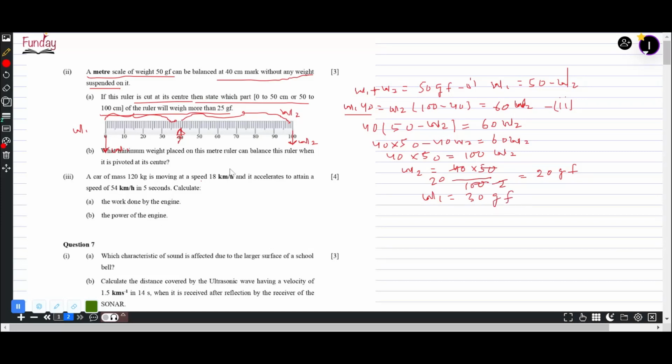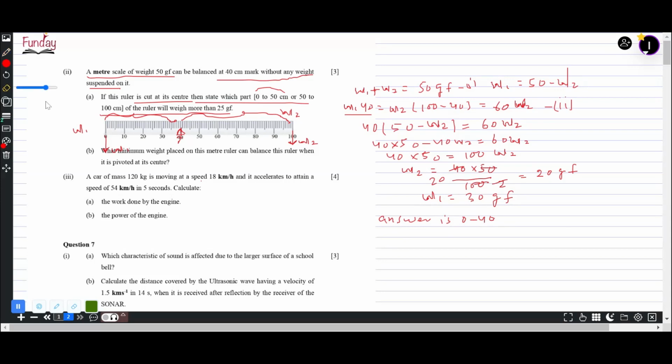Correct? Now the question was, which side is heavier? Which part, 0 to 50 or 50 to 100, will weigh more than 25? So the answer is 0 to 40. Okay? Or 0 to 50. They had given 50, right?